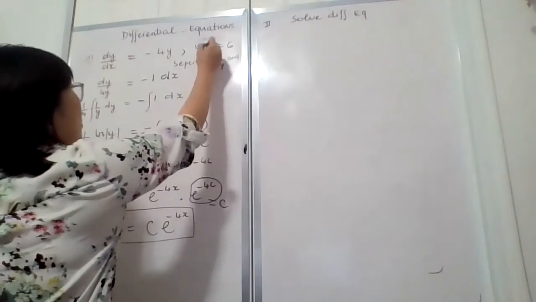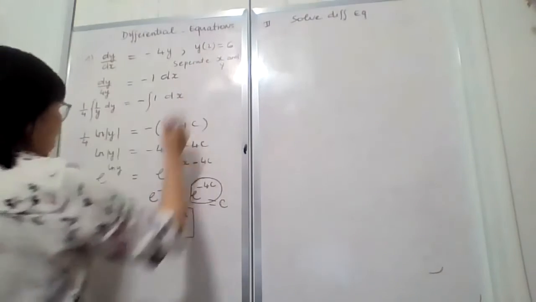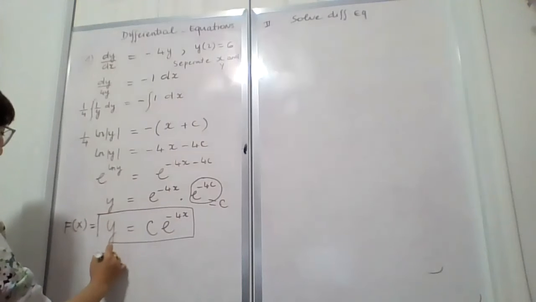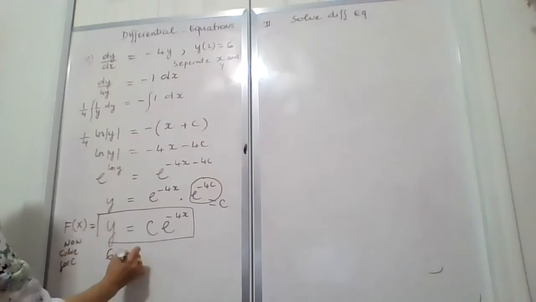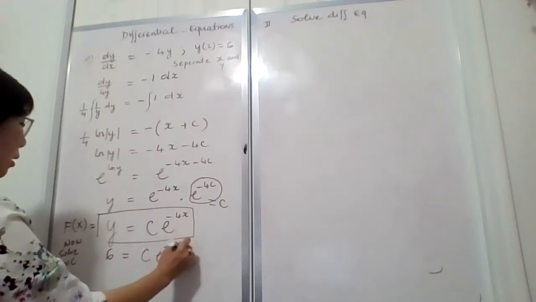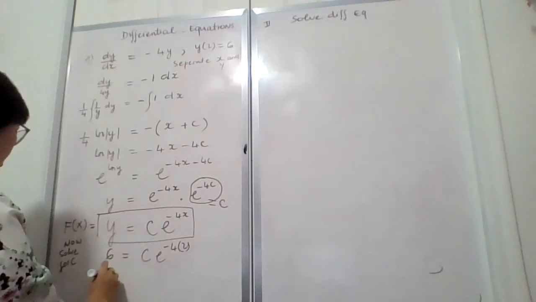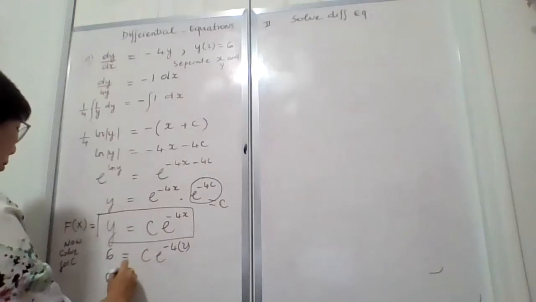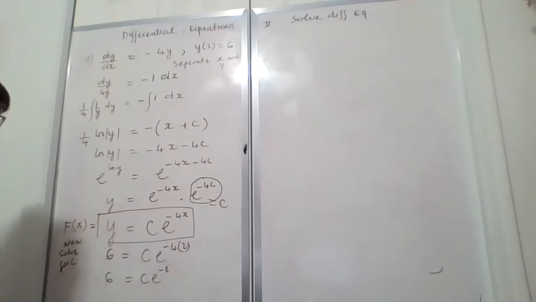Now, because they give us y at x equals 2 is 6, we can substitute y equals 6. So now we're going to solve for c, okay? So 6 equals c, e to minus 4 times x, and we substitute x by 2. So 6 equals c times e to minus 8.